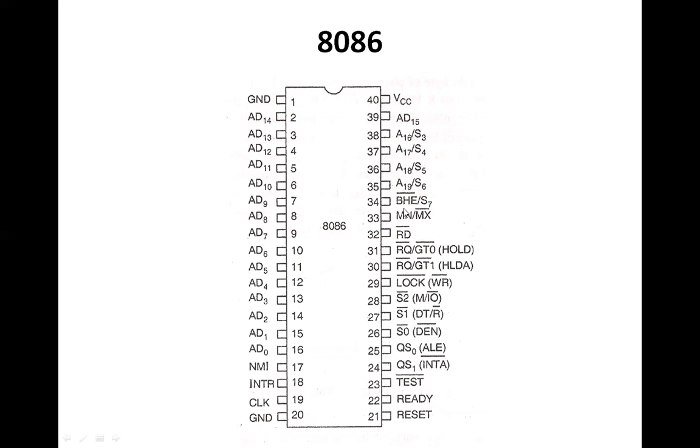And the state of S7 always remains at logic 1. As the status of S6 always remains at 0, S7 always remains at 1. So this is the explanation as far as the different pins of the 8086 are concerned.